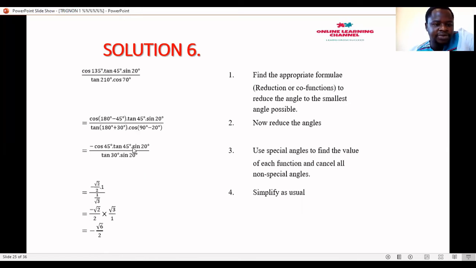So sin 20 and sin 20 will cancel. Now you are left with negative cos 45, which is negative root 2 over 2, times tan 45, which is 1, all over tan 30, which is 1 over root 3. For this division, the denominator becomes the numerator and the numerator becomes the denominator. Then you end up having negative root 2 multiplied by root 3 over 2 multiplied by 1, which is negative root 6 over 2.